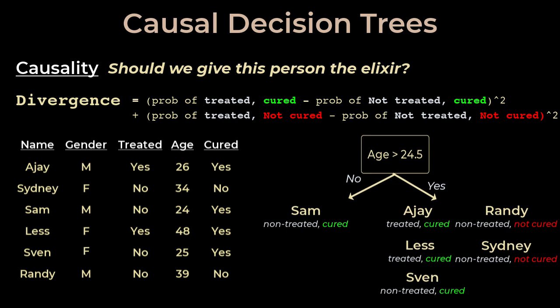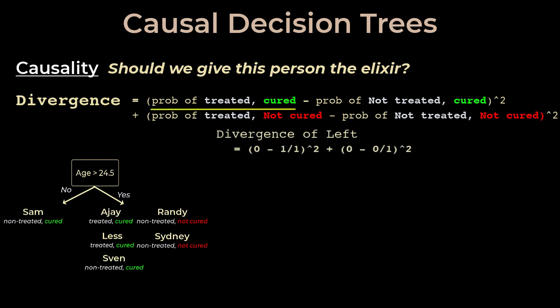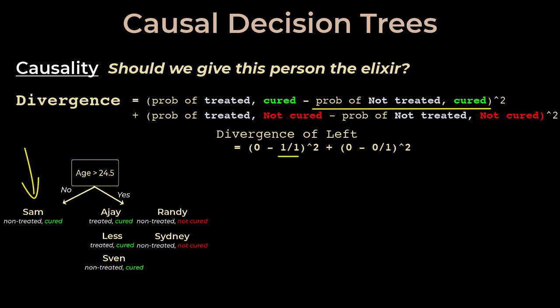Now, let's also again compute the divergence of the left node. So the first term, there are no people who got treated, so we'll leave it as 0 here. The next term is the number of non-treated people who got cured, which is going to be 1, divided by the total number of non-treated people in that node, which is 1, hence 1 over 1.